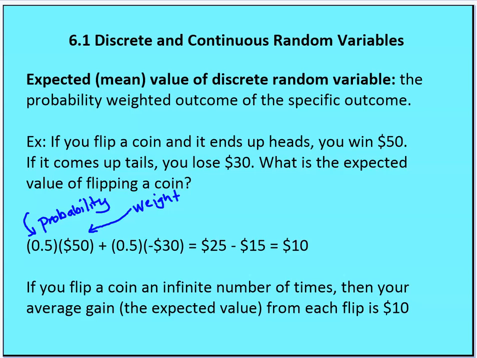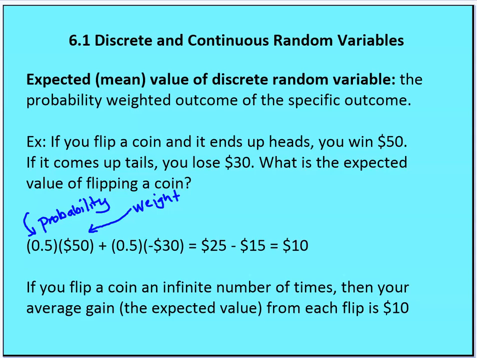All right, so what we want to do is multiply the probability of the outcome times the weight of the outcome, whatever that might be. Or we could say the value of the outcome. So in this case, we're going to multiply the probability of flipping a heads, which is 0.5, times the weight or the value of the outcome, which is $50. And then we're going to add that to another probability weighted outcome.